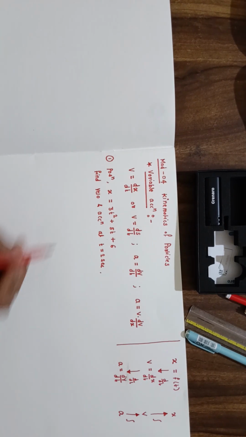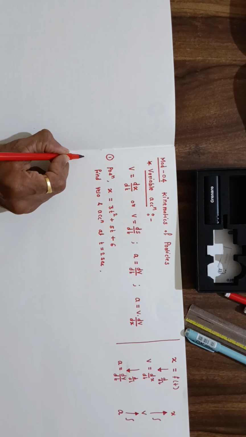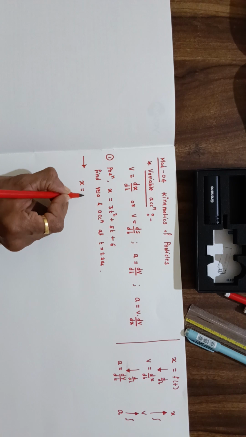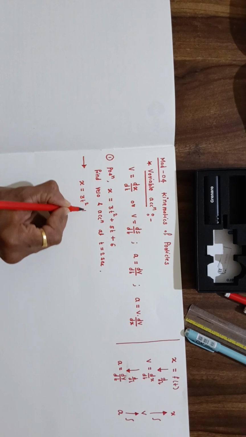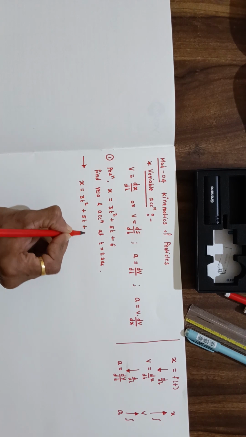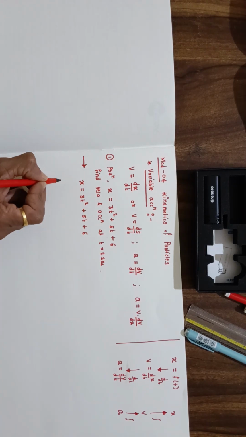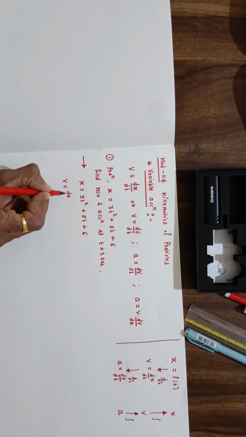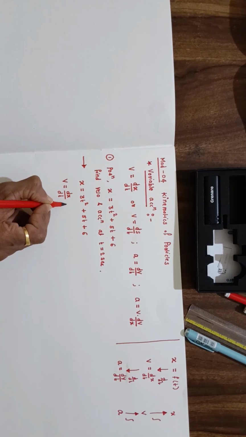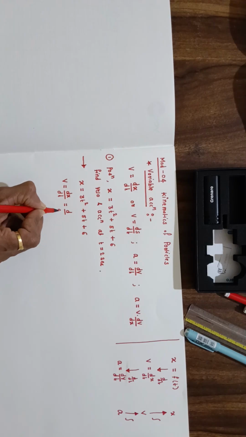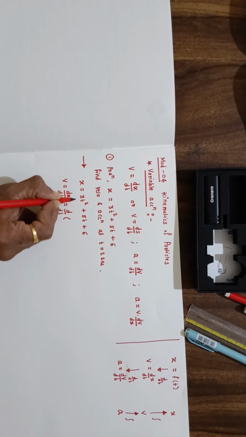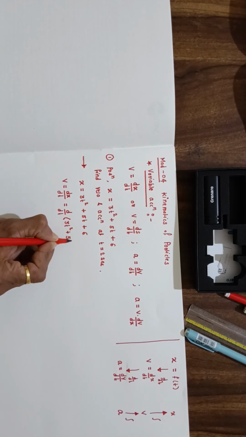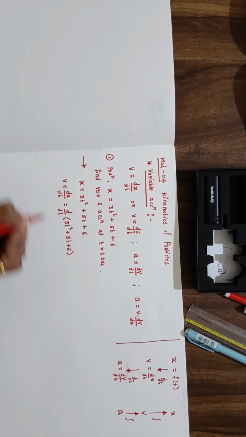Now here x is given, so in this solution just write the given equation, x equal to 3t square plus 5t plus 6. Now write the velocity v equal to the derivative dx by dt, so we can write d by dt of 3t square plus 5t plus 6.